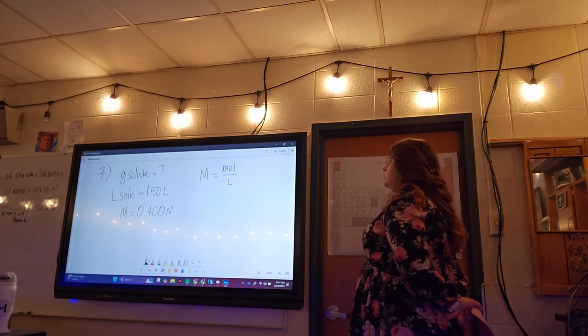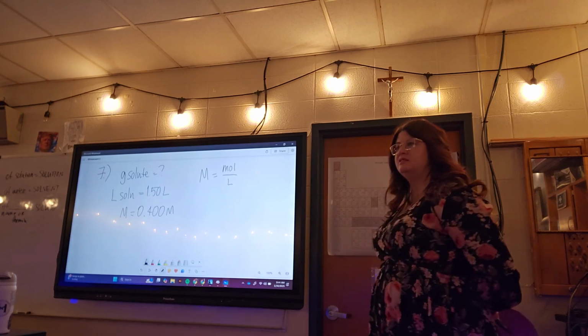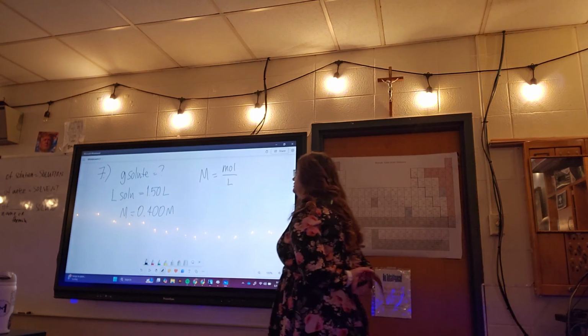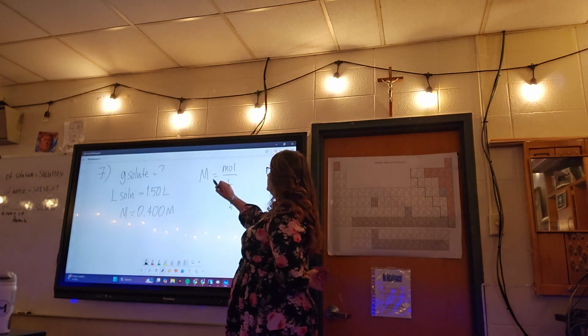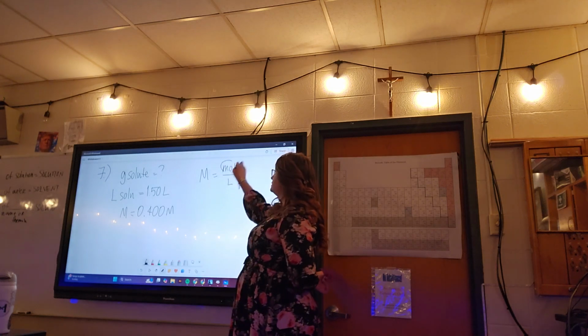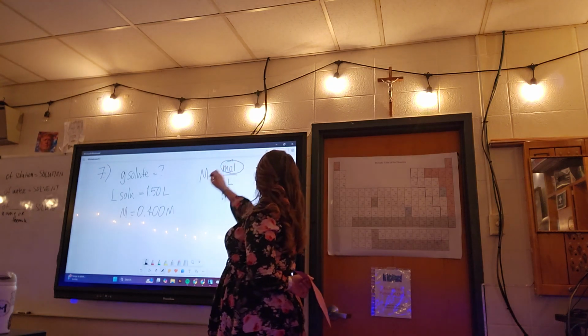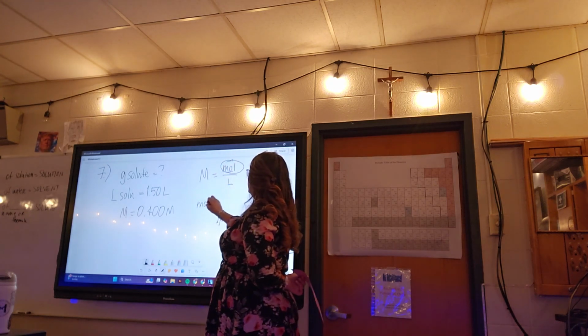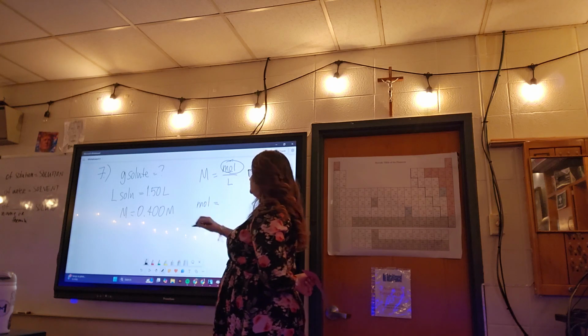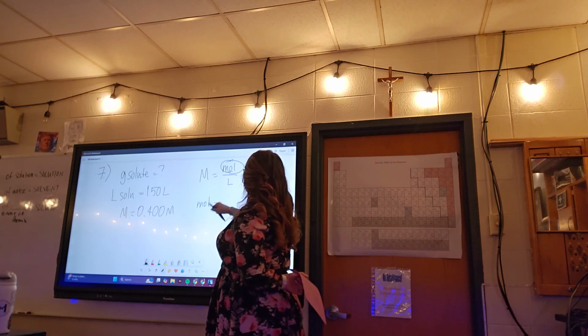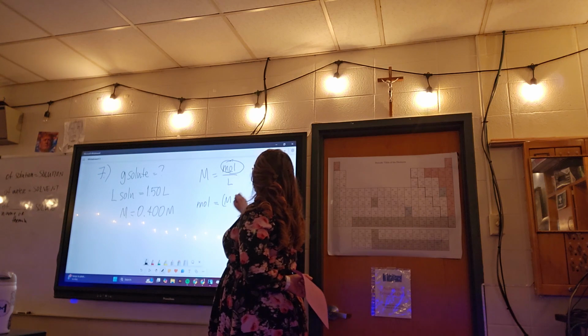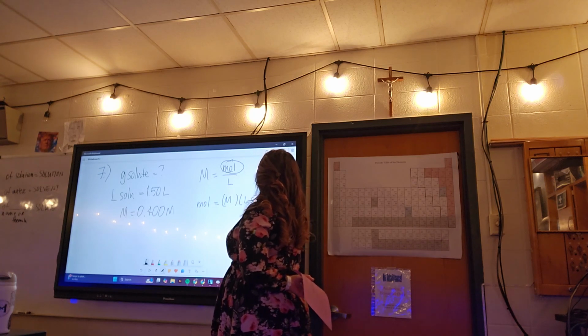All right, so which one of the 3 variables in this formula do you not know? Mole. You don't know mole. So let's solve for mole. If you are okay with algebra, this is what you'll get. Otherwise, it's the same one we just used. Big M times liters of solution.